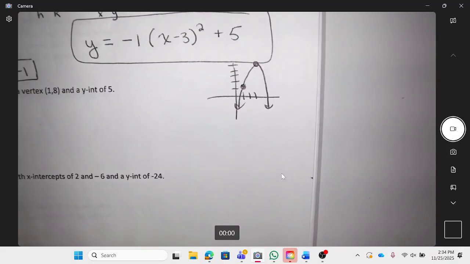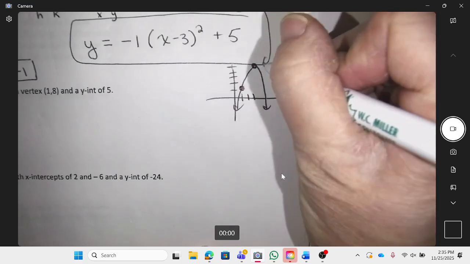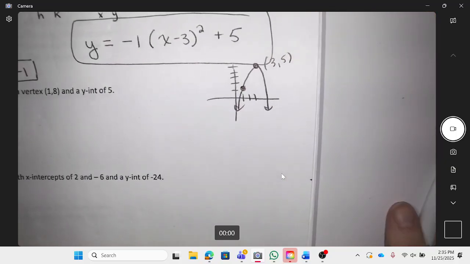Graph it. Can you do trace 3, enter? Just go trace 3, enter. Does it look like it's at 3, 5 on the top when you did that?